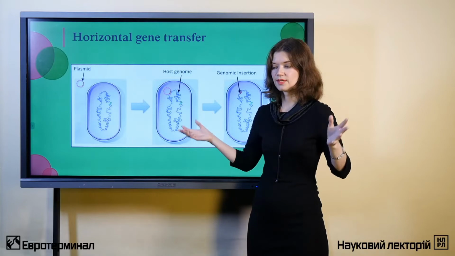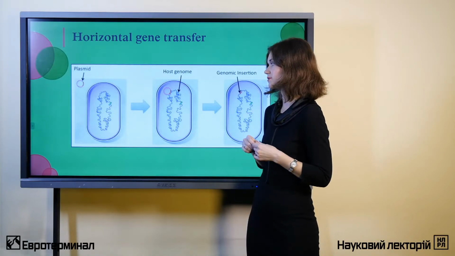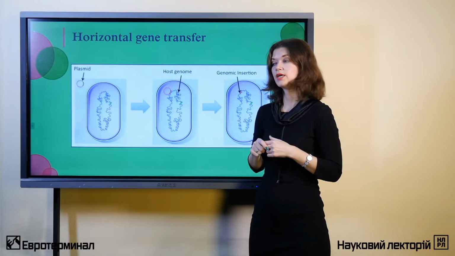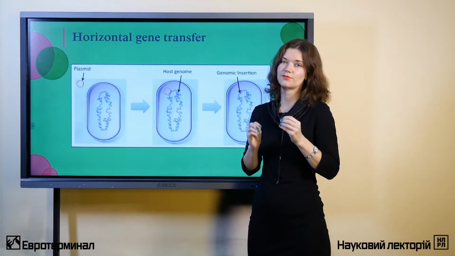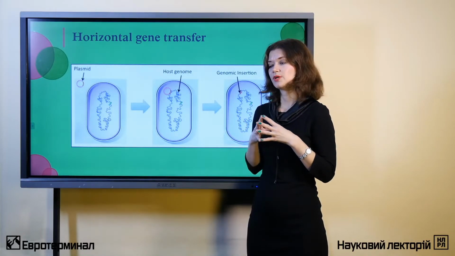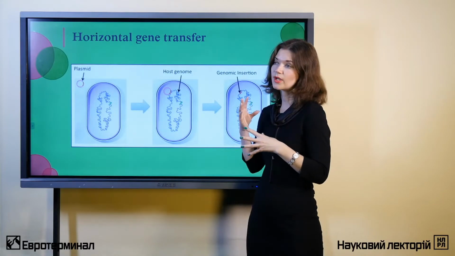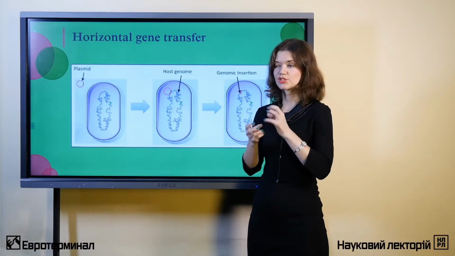These are very, very interesting and important fields in science right now. So I hope I made the information about mobile genetic elements a little bit clearer for you. I think it will be useful if you want to understand the connections between different parts of the genome of bacteria.